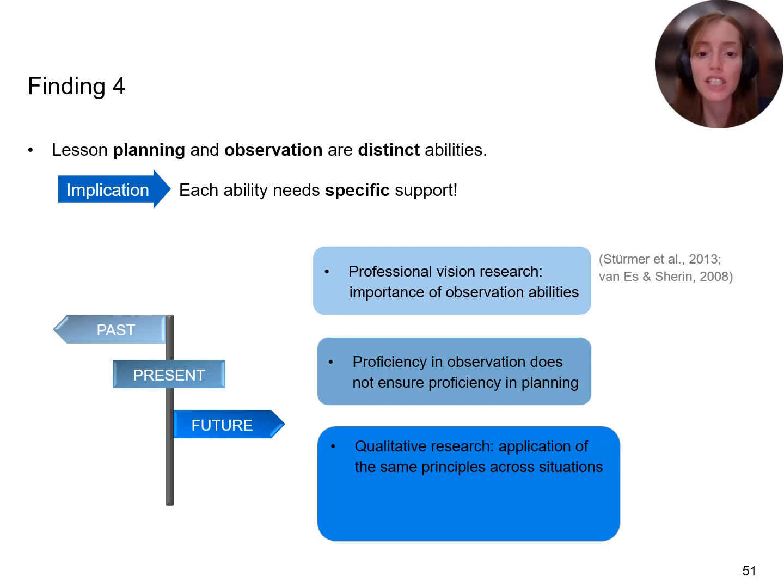Qualitative research is needed to gain a better understanding of the relationships between planning and observation, and how they can be combined in teacher education. Research studies might ask preservice teachers to apply the same principles across observation and planning situations.